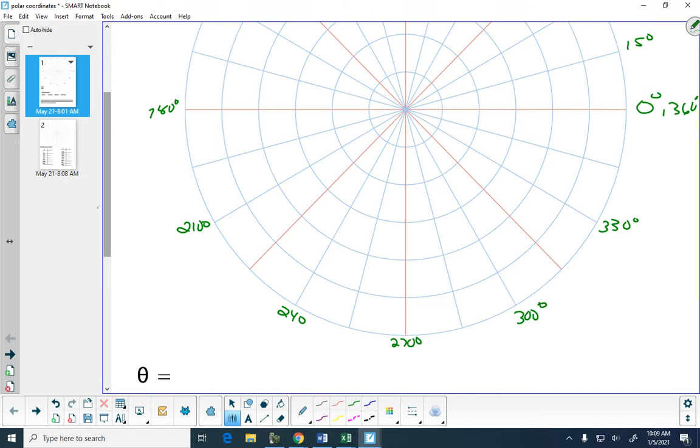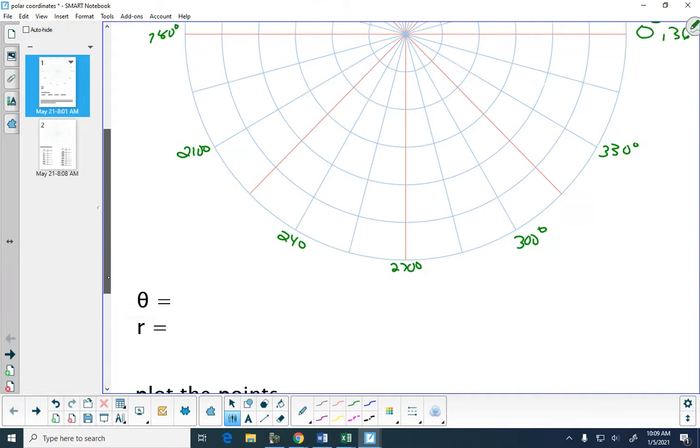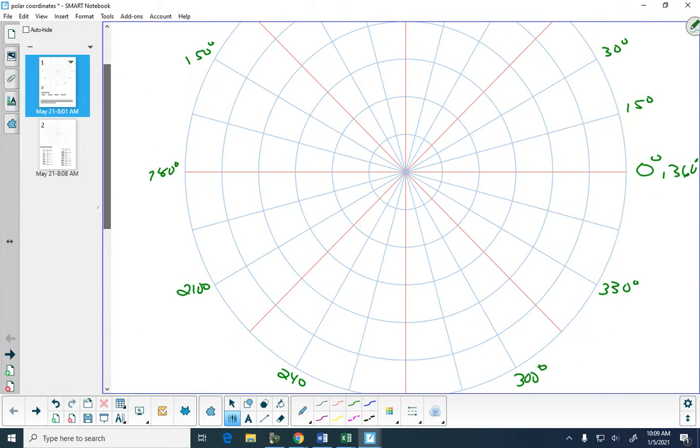This is the amount of rotation that we are going about our center point. Now the center point is called the pole. You can think of this like if you would take a globe and cut it at the equator and then flatten out the northern hemisphere.